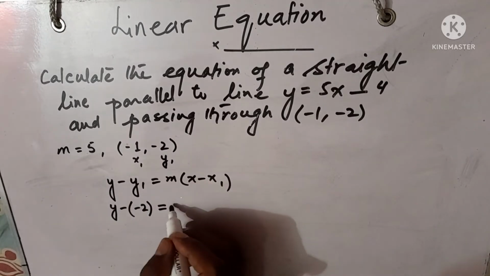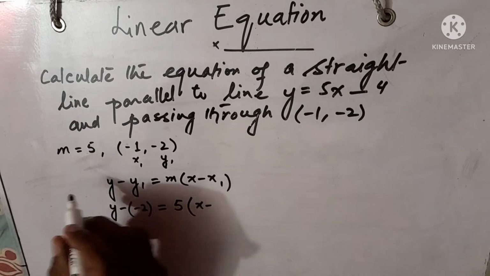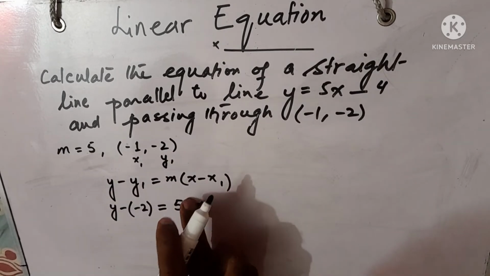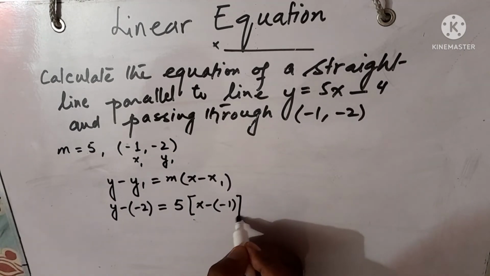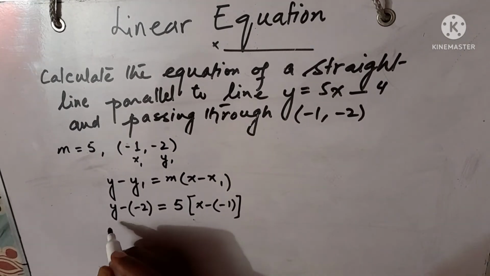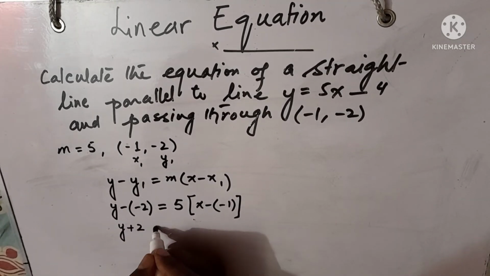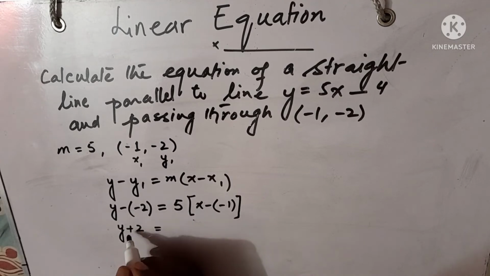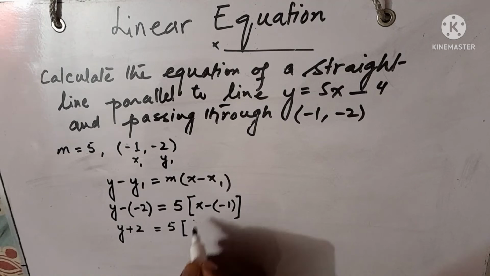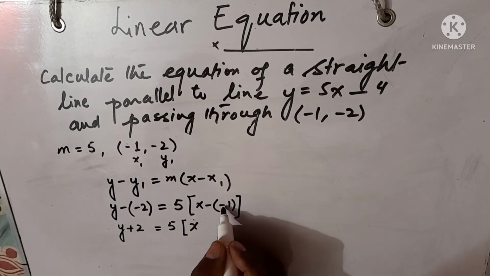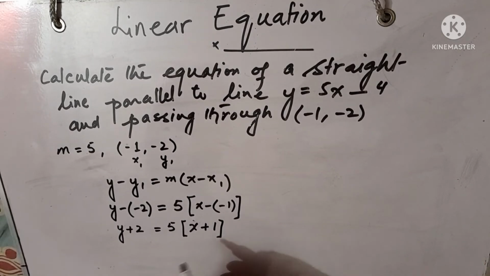My m is 5 and my x1 is negative 1, so I will be writing minus 1 within the bracket, and then I will simplify this. When I open this bracket, this will become y plus 2, because minus times minus will give me plus, and then 5 I will copy as it is, and this will become x, minus times minus is plus 1, and then I will remove the bracket.